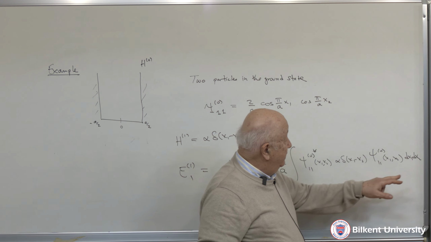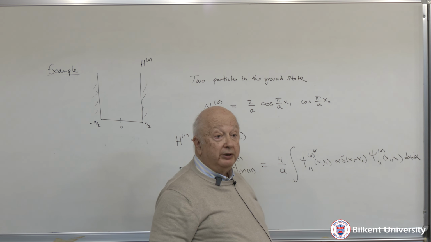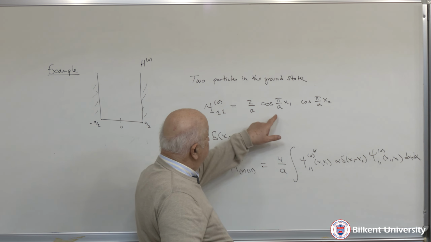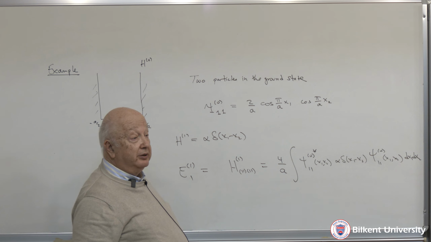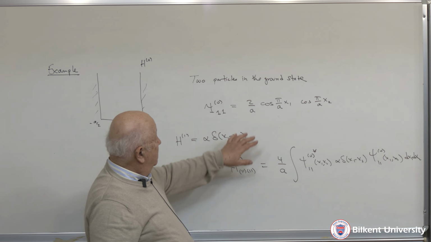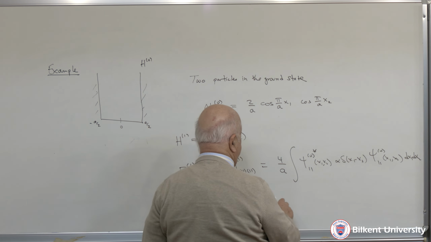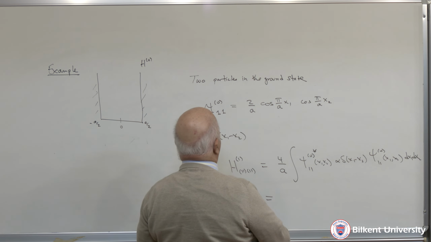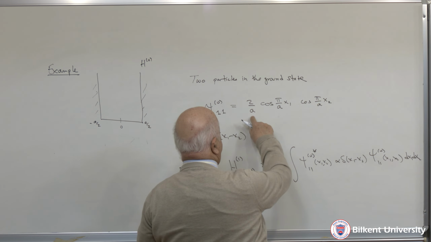Let's do the x2 integral first. That just puts x1 equal to x2. x1 equal to x2 means this becomes a cosine squared of x1, cosine squared there, cosine squared there. So that's going to be equal to 4 over a squared, the square of that.